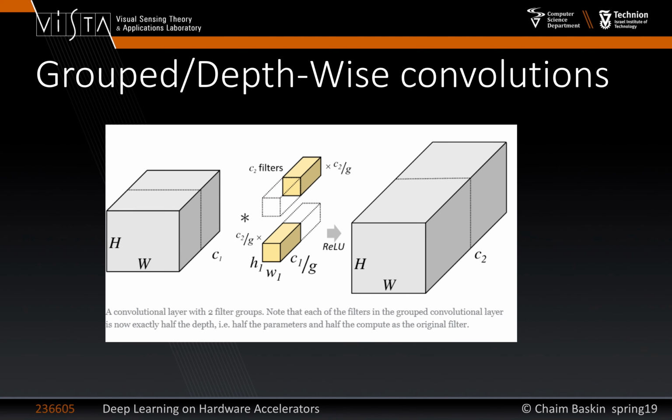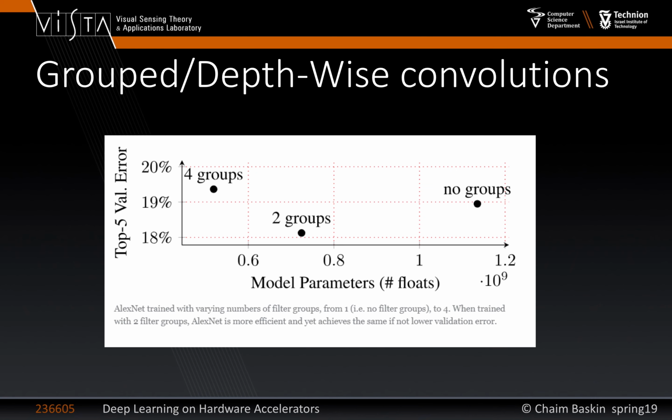So what we can do, we can divide each convolutional filter into two filters. We divide the channels by half, and we do this multiplication simultaneously.